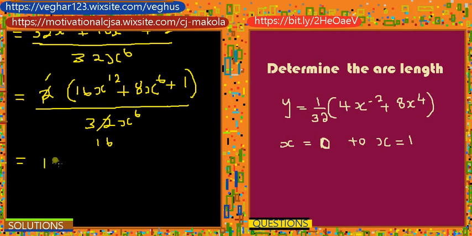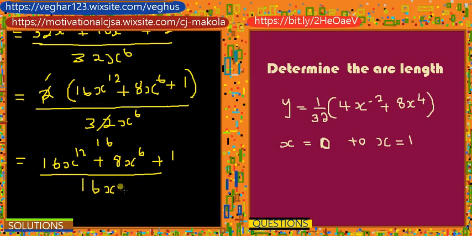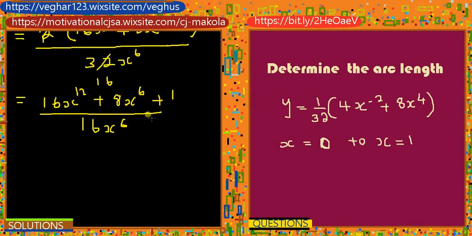Now we are left with 16x raised to 12 plus 8x raised to 6 plus 1, all divided by 16x raised to 2, not x squared.